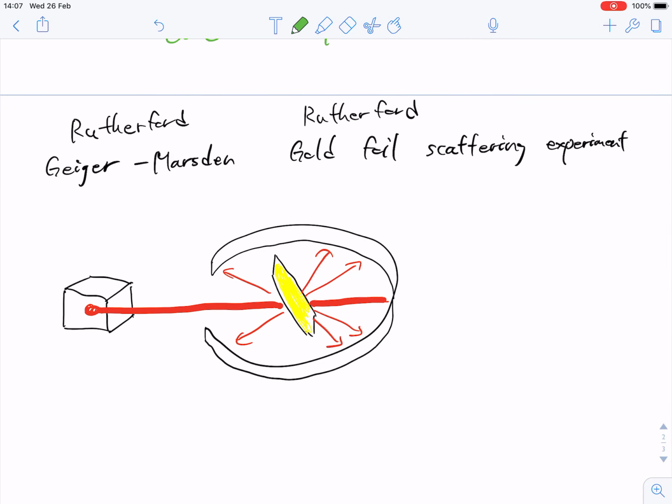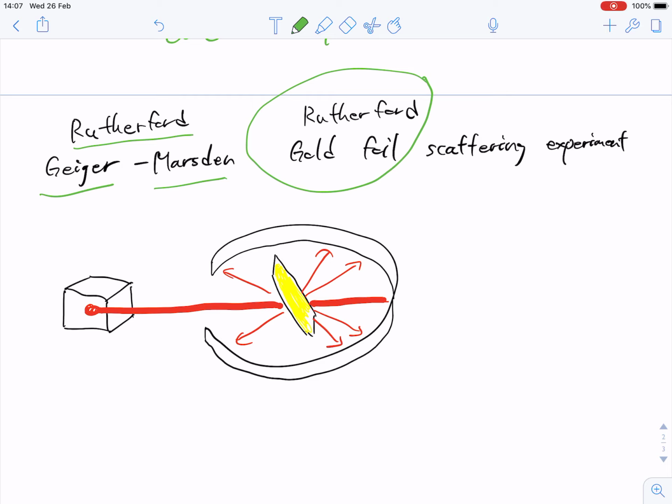In order to test the plum pudding model, they set up what is now commonly called the gold foil experiment. We can credit that to Rutherford, or if you really want to credit all the scientists who were actually involved, Rutherford was probably the big guy on top that helped oversee everything, along with Hans Geiger and Marsden, who was an undergraduate student at the time.